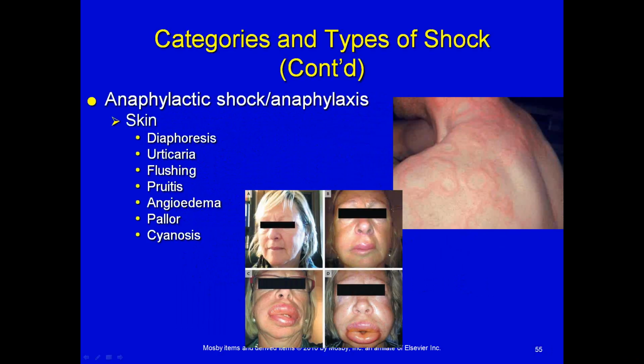So with anaphylaxis, the one thing that probably separates it from other shocks is this development of the hives or urticaria. Top right-hand picture, you can see those hives, raised red rash bumps all over the body that you can press and they will blanch, and that's all in relationship to the histamine release. And then you look at a picture here of this woman in 4 different phases as she develops angioedema.